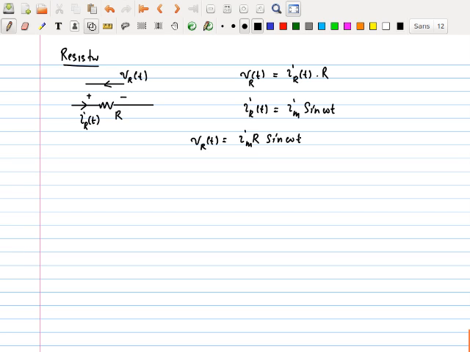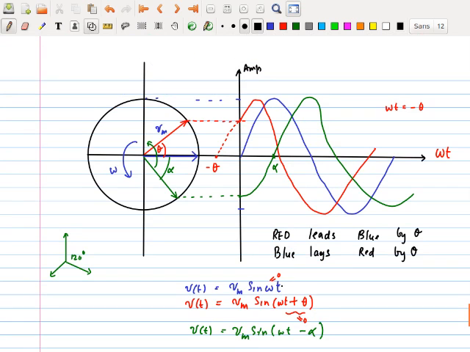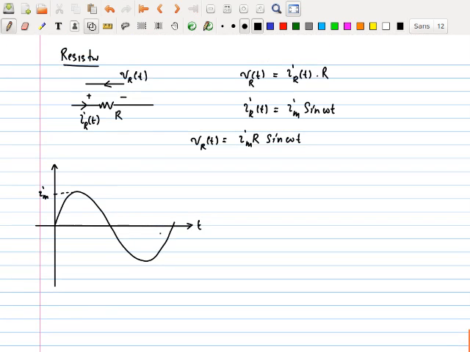Now we have two expressions. If we have two expressions, I should be able to draw them as time domain expressions. So let's start with this. Anybody knows how to draw that? It's a sinusoidal waveform where this peak value is Im, starting from here, because there is no angle in here, because we understand this one, which is the blue one, didn't have an angle and it looks like this, and that's how we draw it.